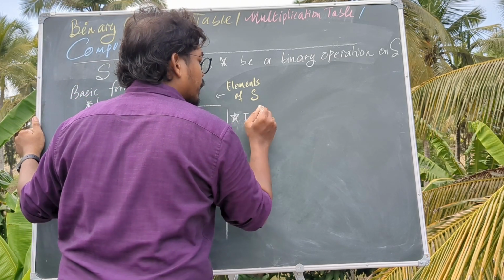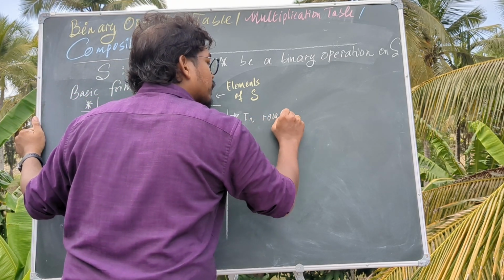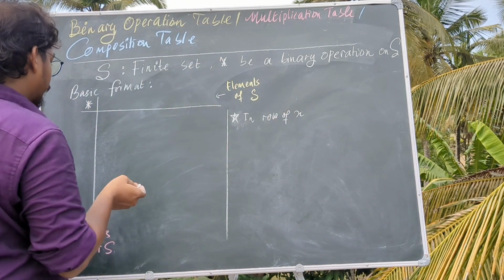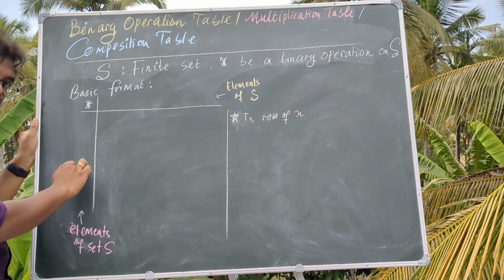In row of X, suppose we have elements of this set S here.